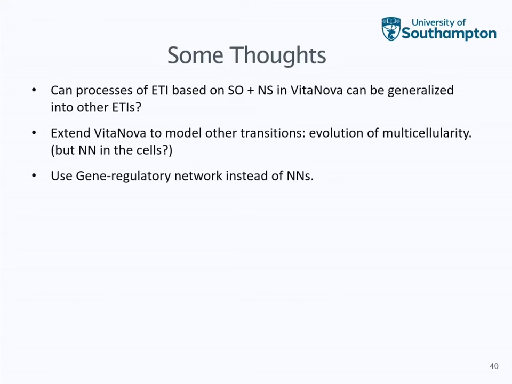But in the classic example of the transition, the evolution of multicellularity, the cell doesn't have a neural network in it. So how can we extend Vitanova to model multicellularity? The first thought is that I can use a gene regulatory network in place of neural networks.